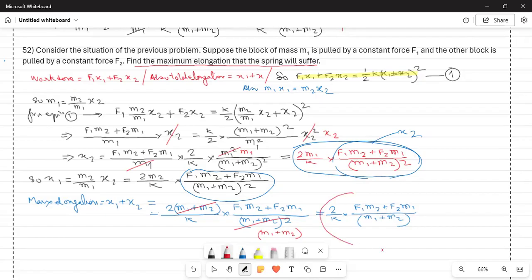This is the answer that they wanted, the maximum elongation, which is x1 plus x2. Right? Now we shall go to the next question.